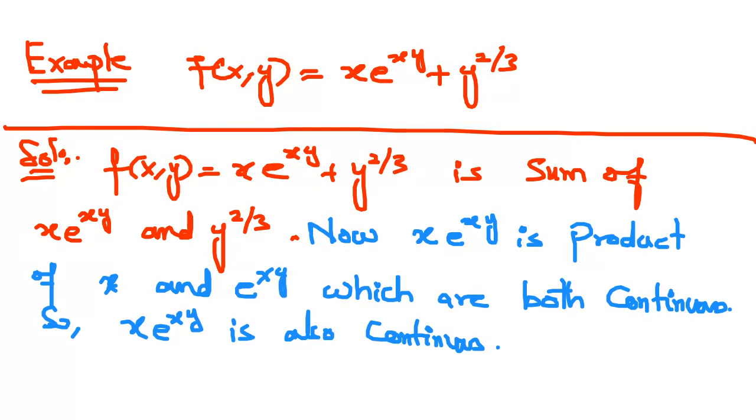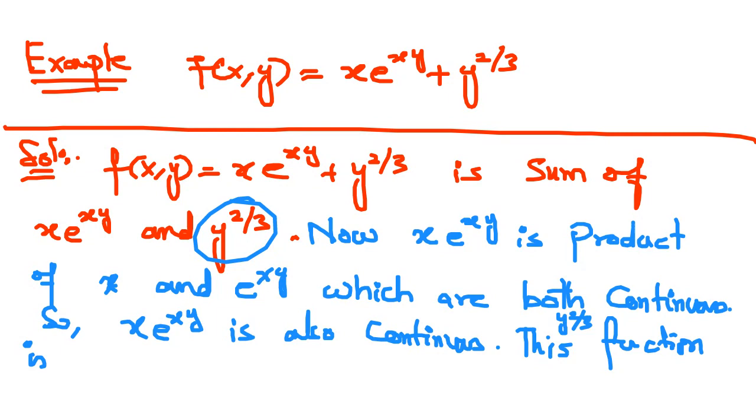And now what is left? Now this one is left, this function, y power 2 divided by 3. Okay, this function is also continuous.